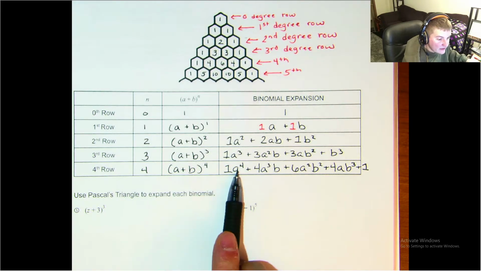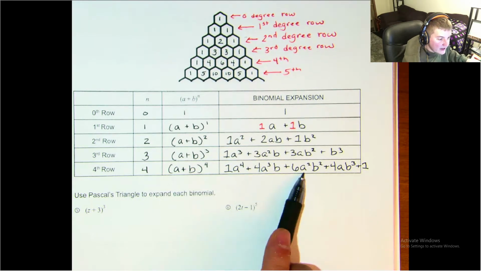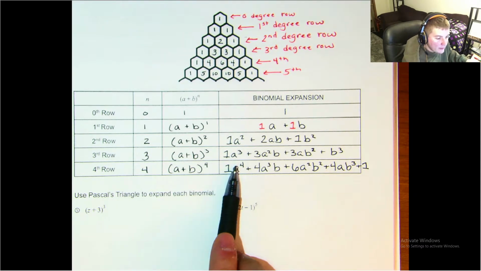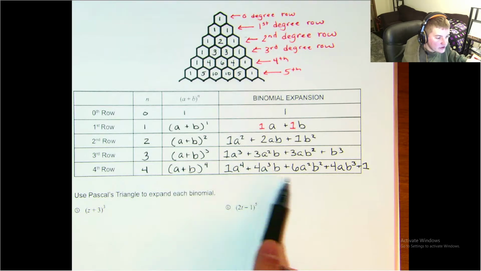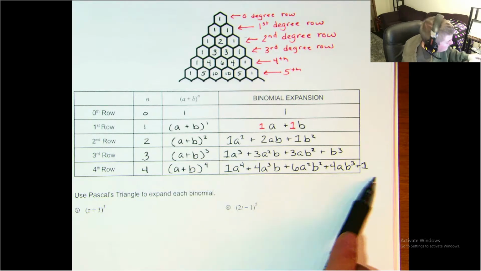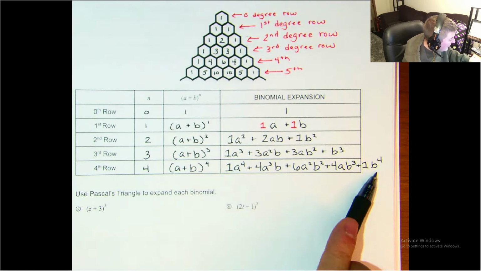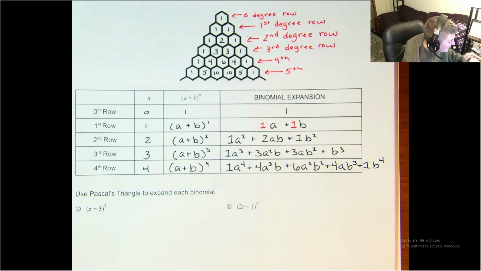A to the 4th, a to the 3rd, a to the 2nd, a to the 1st. I'm not going to write a. It's gone, a to the 0. Okay, what about b's? B to the 0, b to the 1st, b to the 2nd, b to the 3rd, b to the 4th. Okay, and so that's the pattern, and that's how we can do this. So all we have to do is know what these values are.